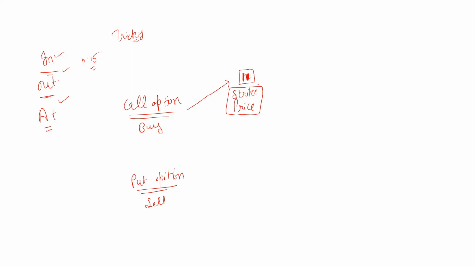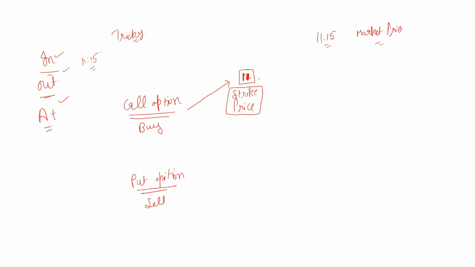Now suppose I have made the bid that I shall be buying the shares of Yes Bank at the rate of 11 rupee. Today the price is 11.50 rupee, and the price which is prevalent today is known as the market price.